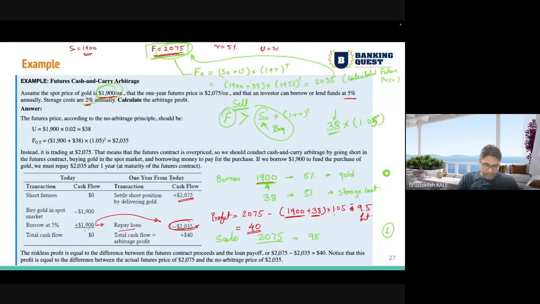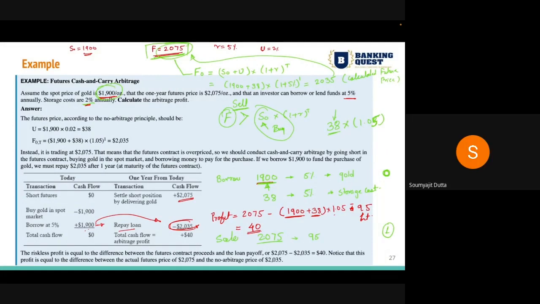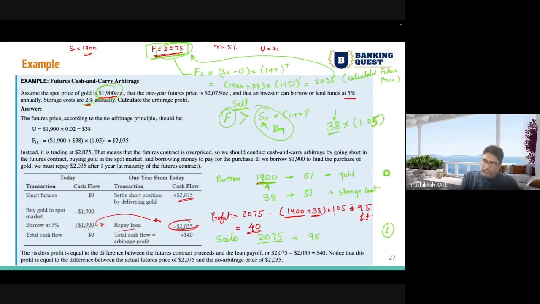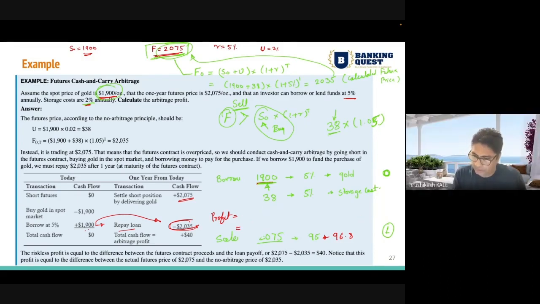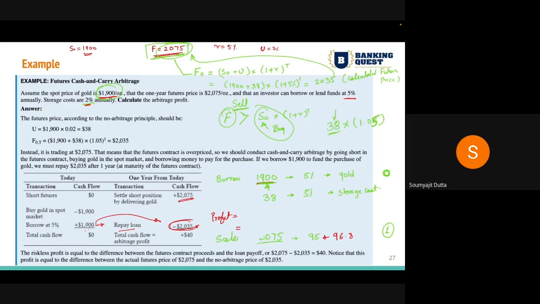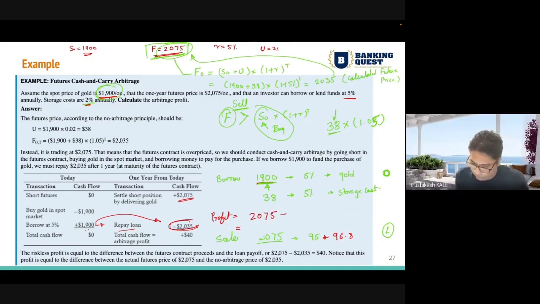5% of $1,938 is 96.8. So instead of 95, it will be 96.8. If we do the profit calculation the old way, the profit will be 40.2: 2075 minus 1900 minus 96.8 minus 38.